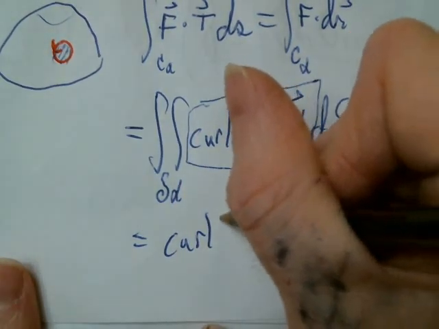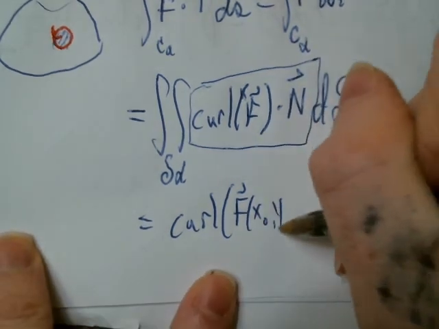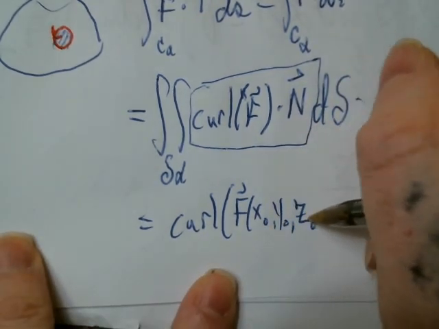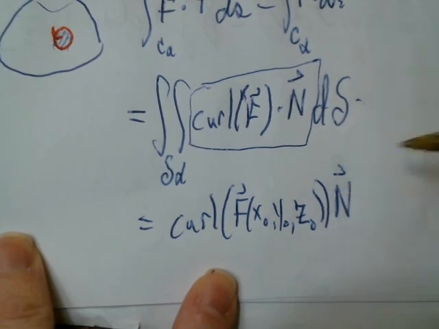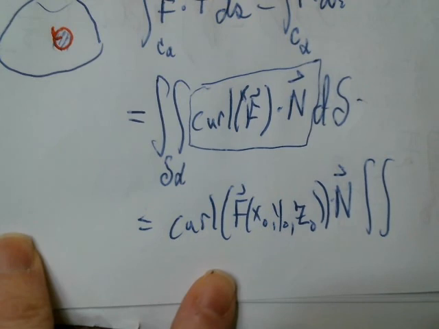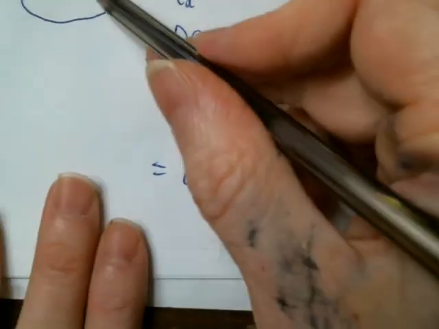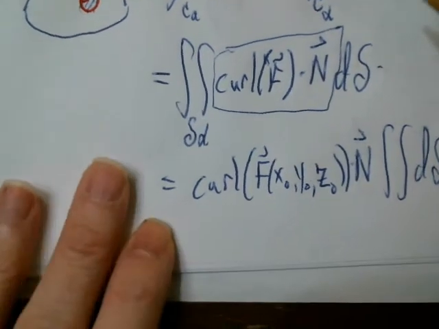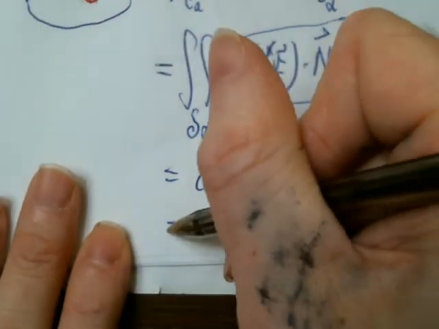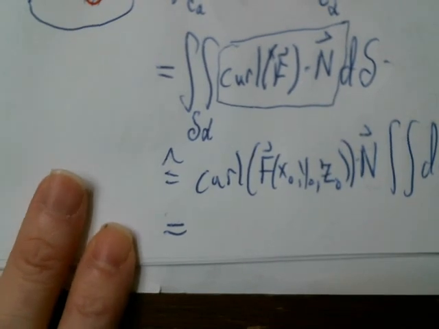So if you factor this all out, curl of f at this point, x sub 0, y sub 0, z sub 0, dotted with this unit normal vector, this leftover integral is just going to be the surface area of that disk. And we know the surface area of a circle is equal to 2 pi r, which in this case r is alpha.